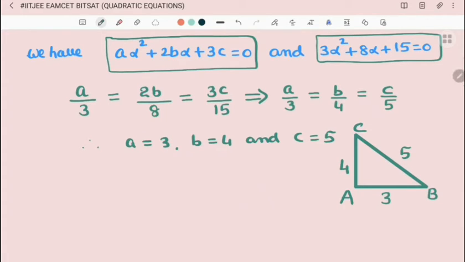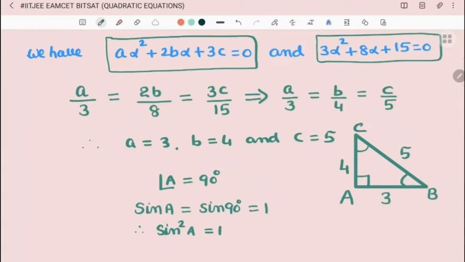Whenever the triangle is like this, obviously from this figure, angle A is equal to 90. Clearly we can see angle B, angle C. So whenever angle A is equal to 90 here, sin A is equal to sin 90, that is equal to 1. Therefore, sin square A is equal to 1 square, that is 1.